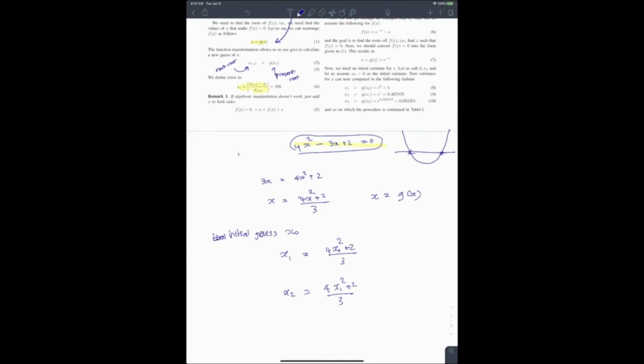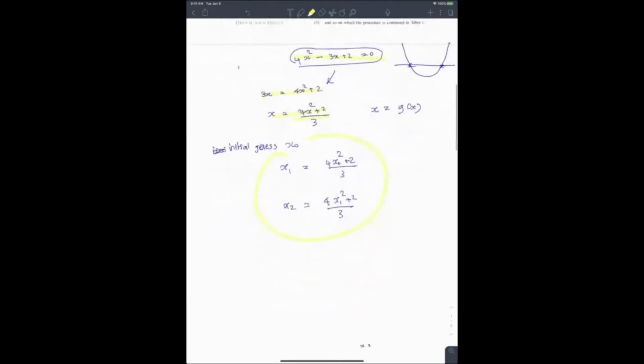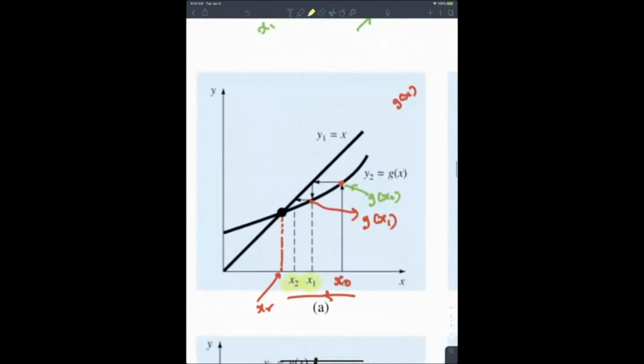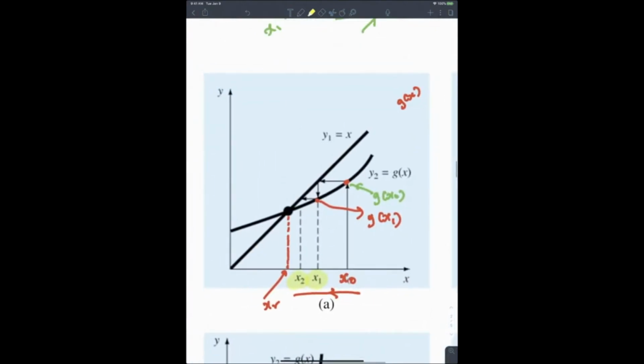So we are doing only very basic things here. For fixed point iteration, I can write the same equation in this form, and then just do this iteration. What I showed graphically in the first one is how the fixed point iteration works.